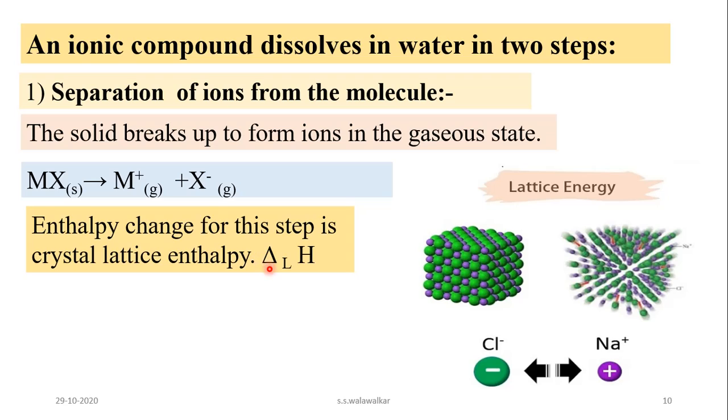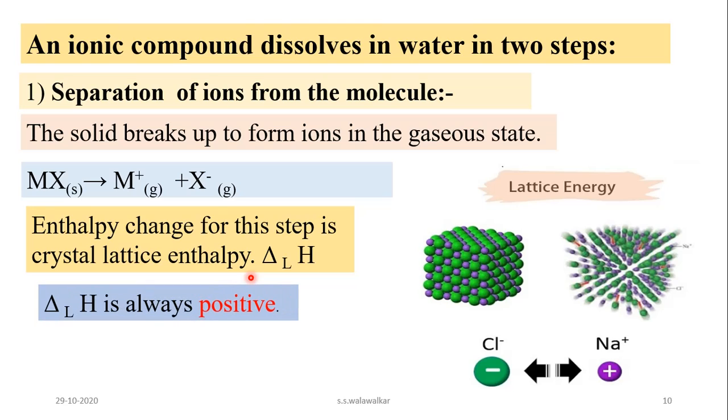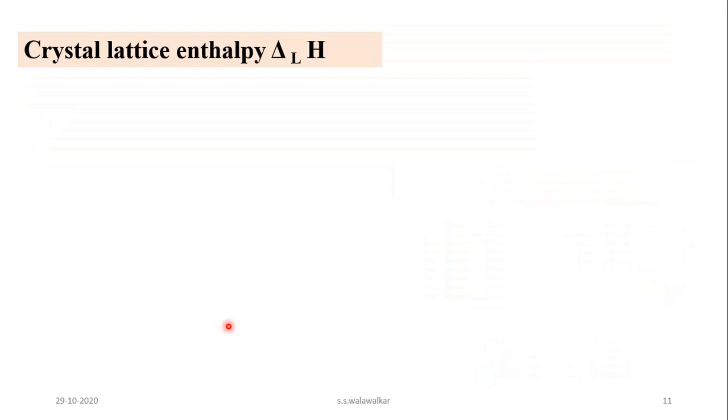It is denoted as delta LH, the crystal lattice enthalpy. And this crystal lattice enthalpy is always positive. Remember that this energy is required, not released, to break these bonds and separate these ions.